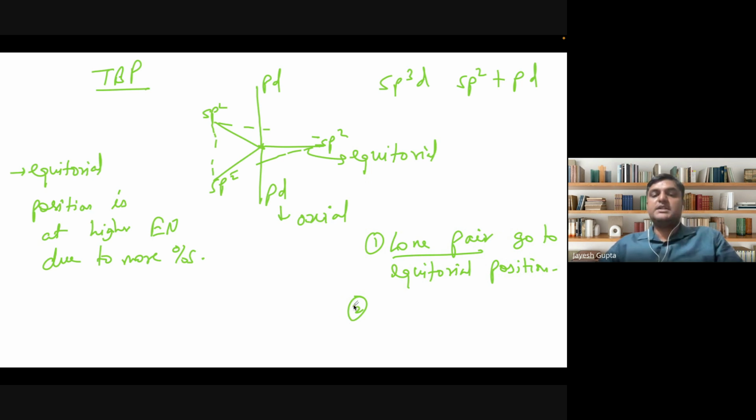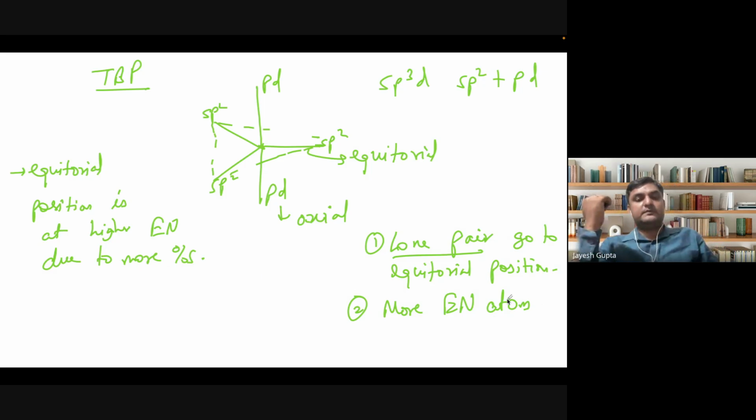Now the second point is with regard to the more electronegative atom. Suppose there are two types of atoms. One atom has higher electronegativity, one atom has lower electronegativity. So how will I decide which atom will go where? Should the high electronegativity atom go equatorial or axial? Can you tell?